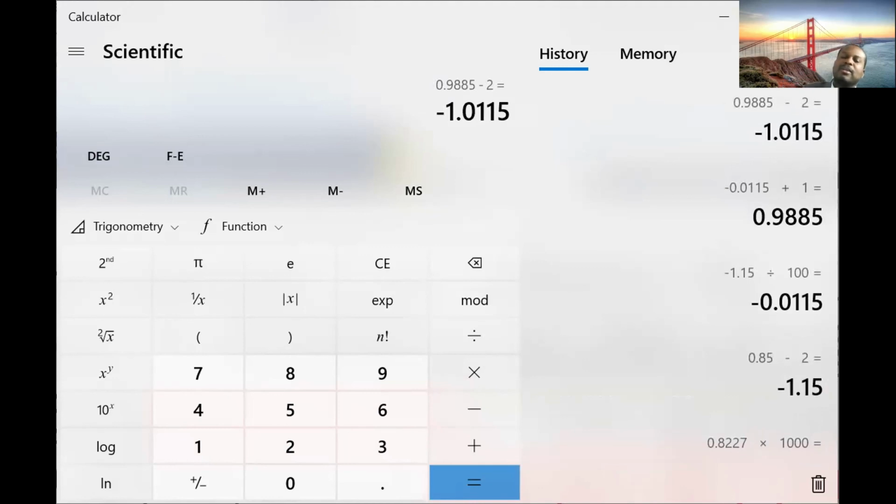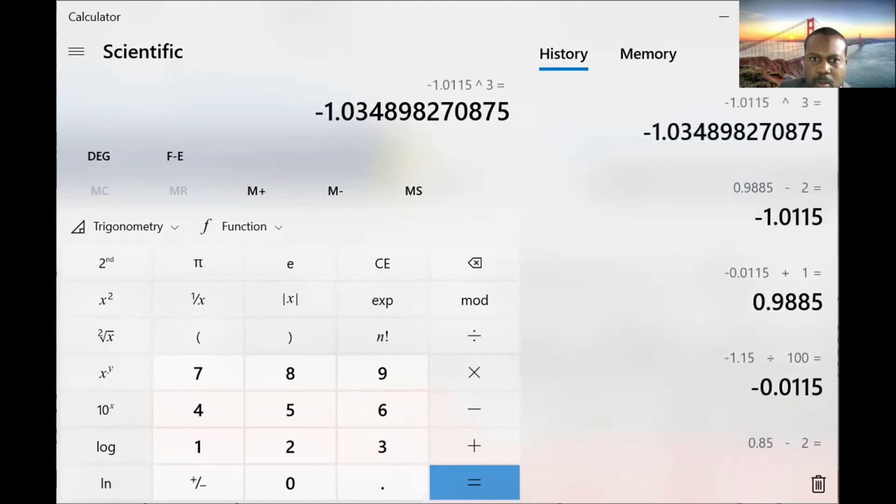Okay, so, all right, so with this figure, we're actually gonna try to raise it to 3. And that's negative 0.34. Now to move the negative, we're gonna multiply by -1.